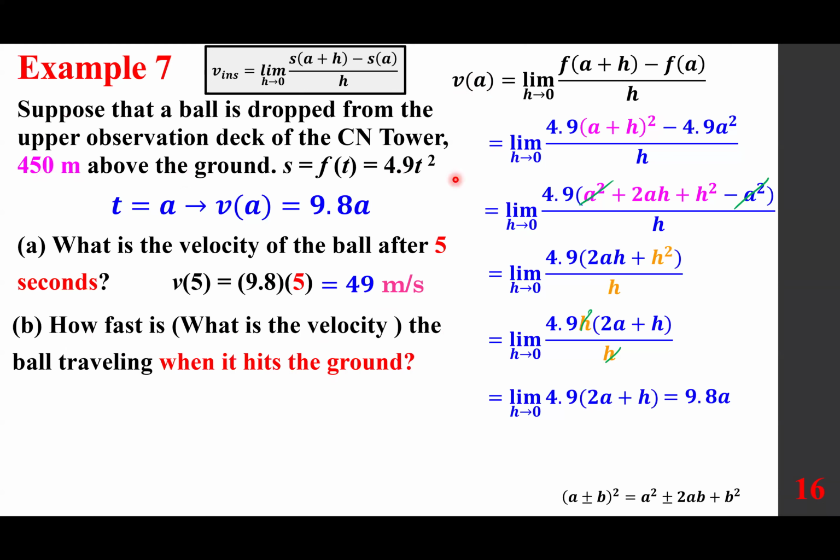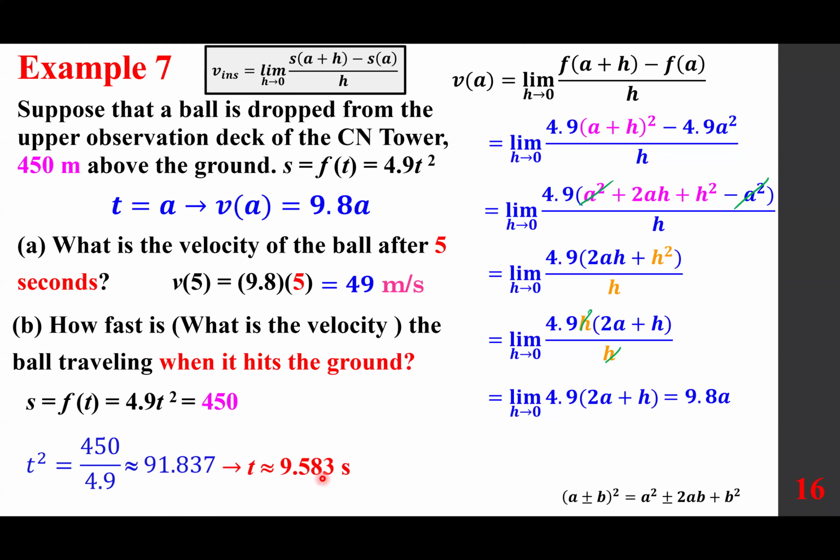So it's going to cover 4.9 t squared, which must equal 450. We're going to divide by 4.9 to get t squared. 450 divided by 4.9 is about 91.837. T is the square root of this number, positive only, so about 9.583. I'm going to stick with 9.6 roughly.